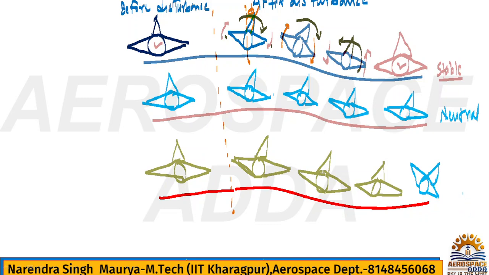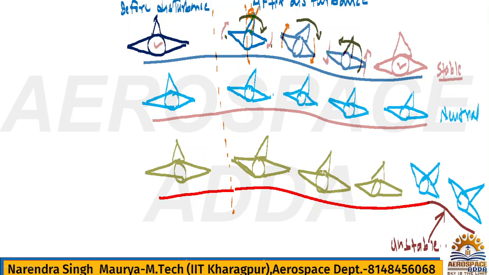So this will be continuous for the aircraft. Continuously it is going away from its original position. It means it does not have an initial tendency to come back to its original. It is going away, away, away. So this one is nothing but an unstable condition. That is the meaning of it.